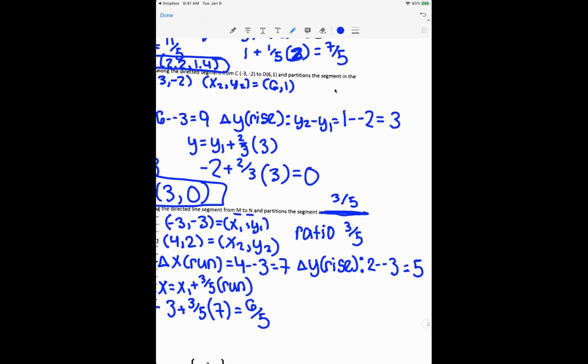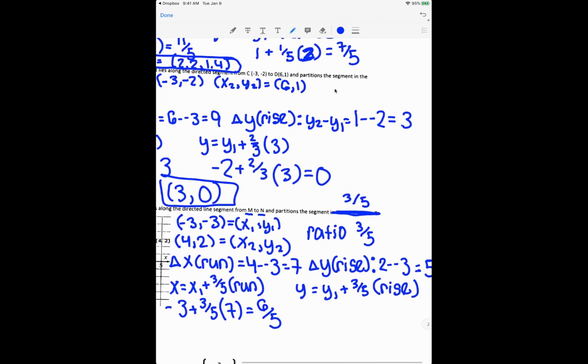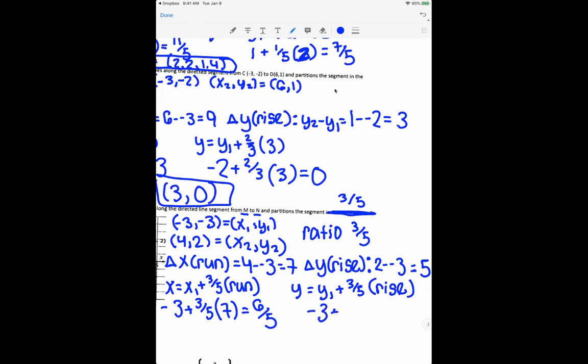Our y coordinate is our y1 plus 3/5 times rise. So our y1 would be -3 plus 3/5 times 5. If I simplify that, it ends up being -3 plus 3, which is 0. So we have 6/5, 0. And if you want to convert it to a decimal, it's 1.20.